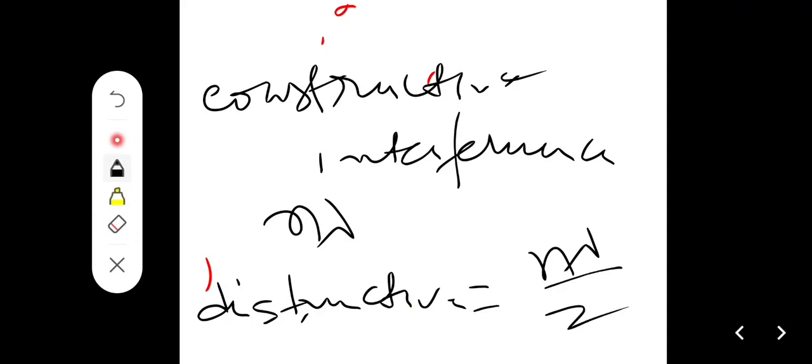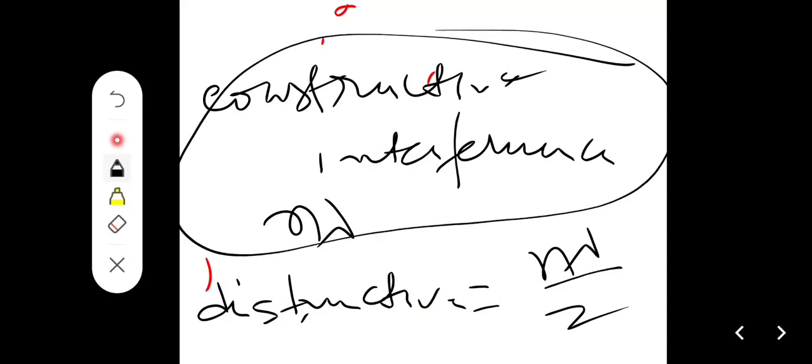Generally we consider constructive interference, so we can say 2d sin theta equals n lambda. That is called the Bragg equation.